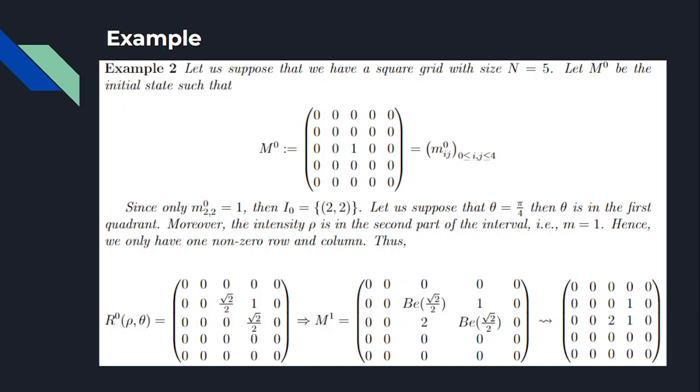Let's suppose that we have the first quadrant as a direction, and given an arbitrary partition, we have the power of the wind in the second part of the interval, so the value of m will be equal to 1. If we have the power in the first part of the partition, then m will be equal to 0.